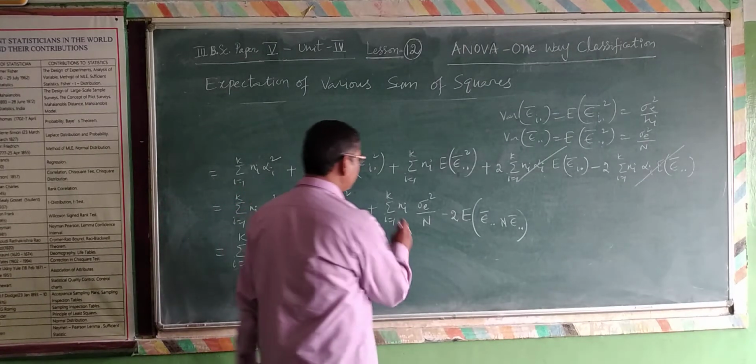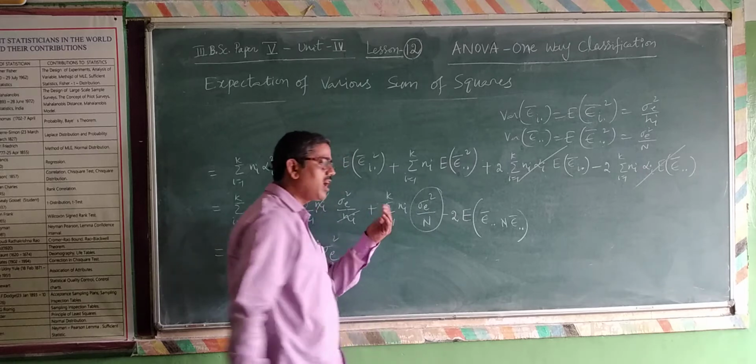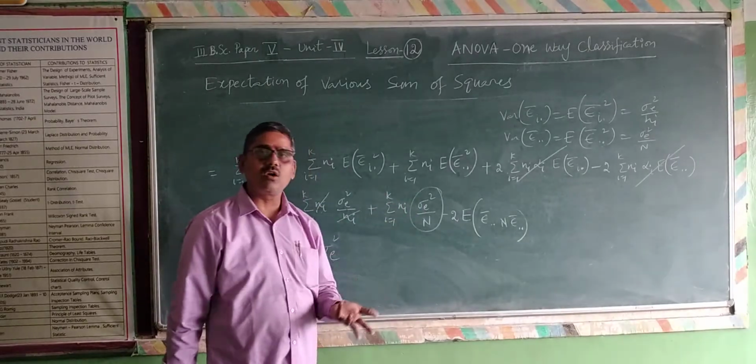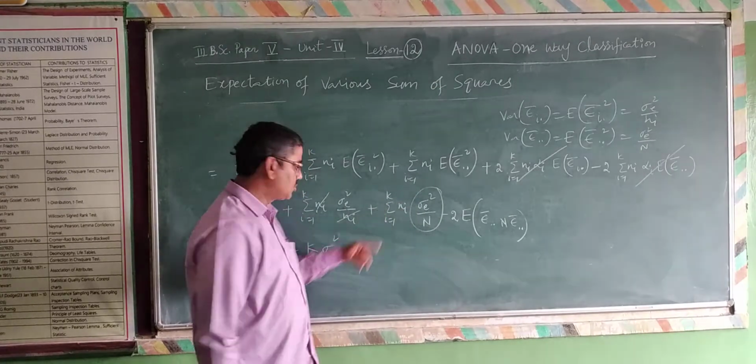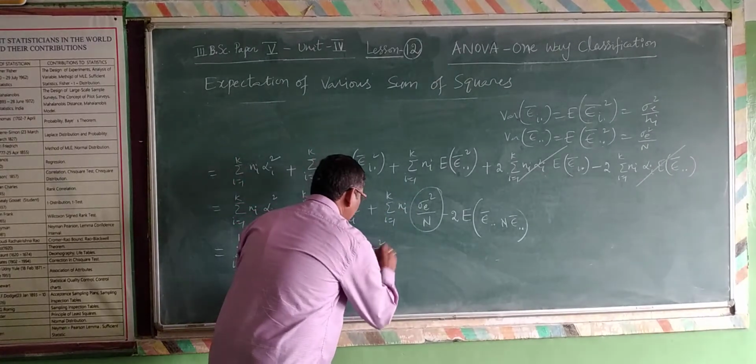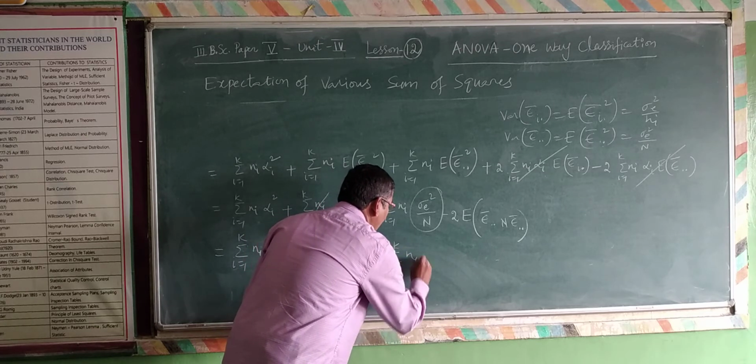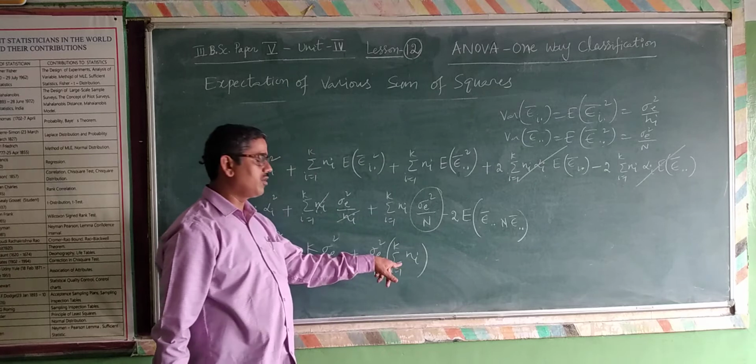Now come over here. This is sigma square E by N. The entire thing is a constant. Sigma square E is a constant. Capital N is a constant. It does not depend on the summation. So therefore it is plus sigma square E divided by capital N into summation i equals 1 to k of Ni. What is summation i equals 1 to k of Ni?